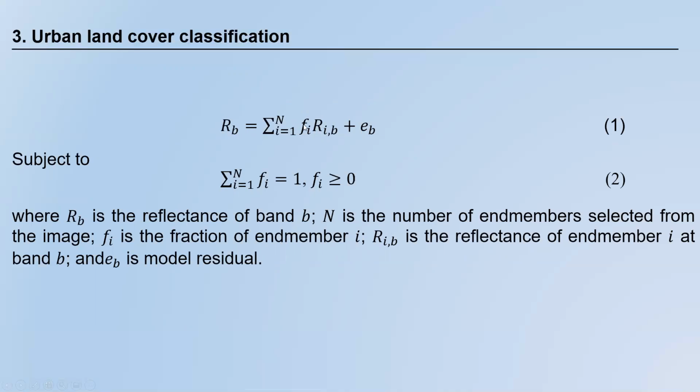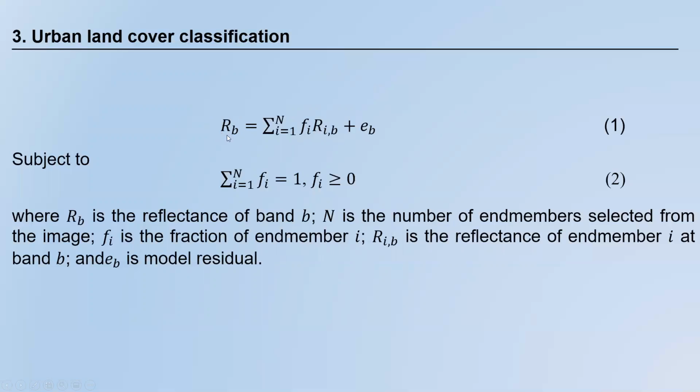You do this 3 times to get the contributions of all 3 land cover types, and you add them up to get the total reflectance of that pixel.